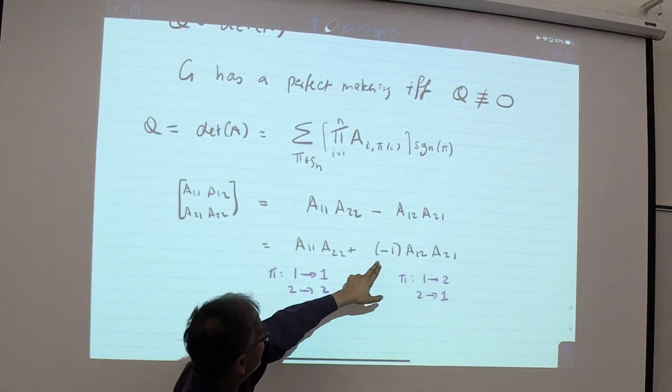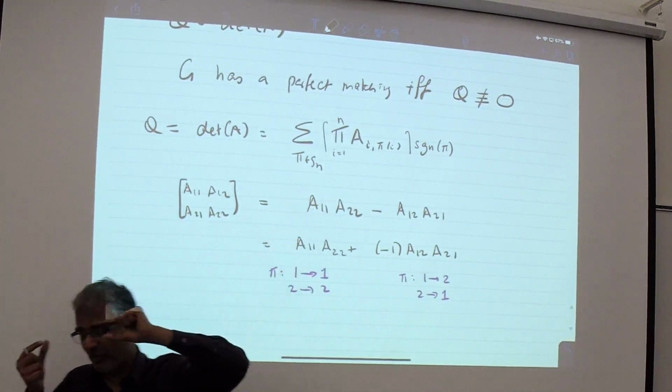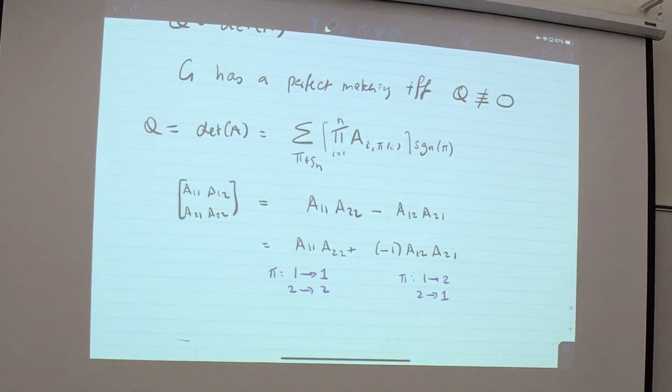And here there's a -1 because every permutation has a notion of a sign. Basically, it's the number of, how do I say this? The sign of a permutation. What is the easiest way to explain what that means? It essentially measures something. I've forgotten the definition of sign of permutation.